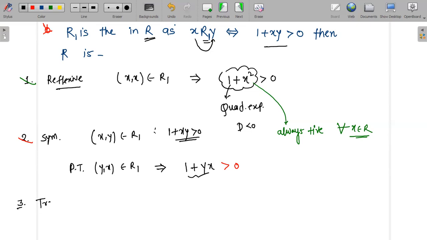To check whether your relation is transitive or not, now it's a bit tricky. Since xy belongs to relation R1, that means 1 plus xy is greater than 0. And you need to assume that y comma z also belongs to relation R1, which means 1 plus yz is also greater than 0. Now you need to prove that 1 plus xz is greater than 0 for a transitive relation.